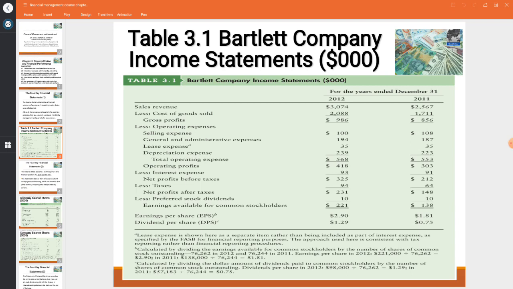EPS, earnings per share, is equal to earnings available for common stockholders divided by the number of shares of common stock. Dividend per share refers to dividends paid to common stockholders divided by the number of shares of common stock outstanding. This is the first source of getting data and information which is required for our financial analysis.